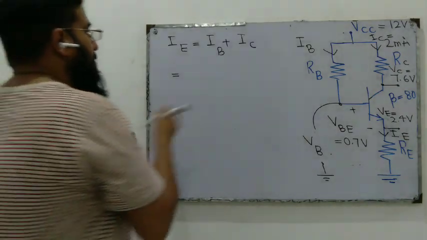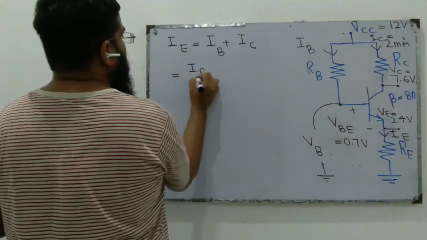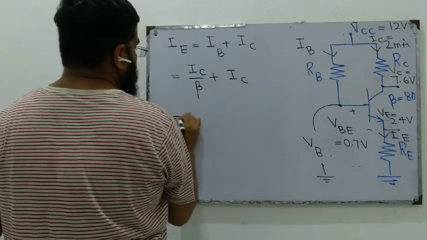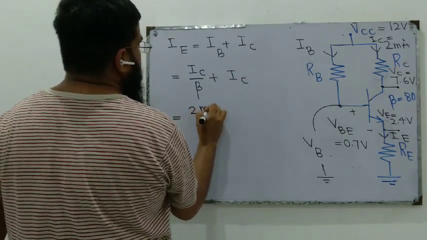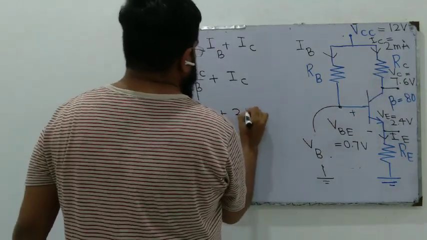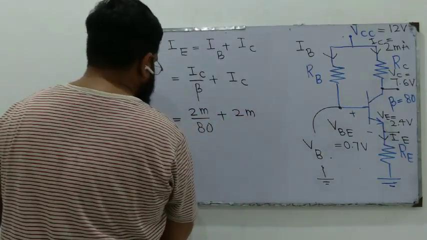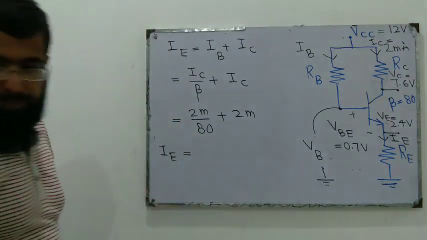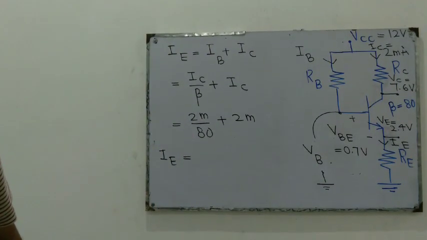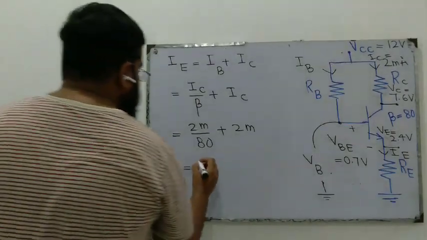So IB is IC over beta, plus IC. IC is 2 milliampere, over beta, which is 80, plus 2 milliampere. So IE becomes 81 over 40 milliamperes.